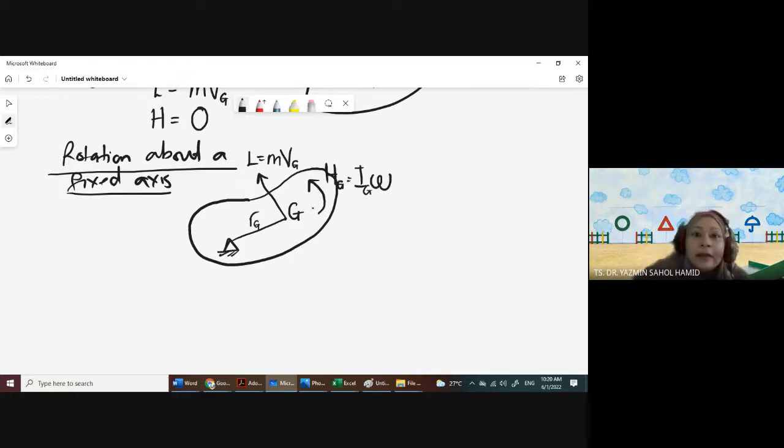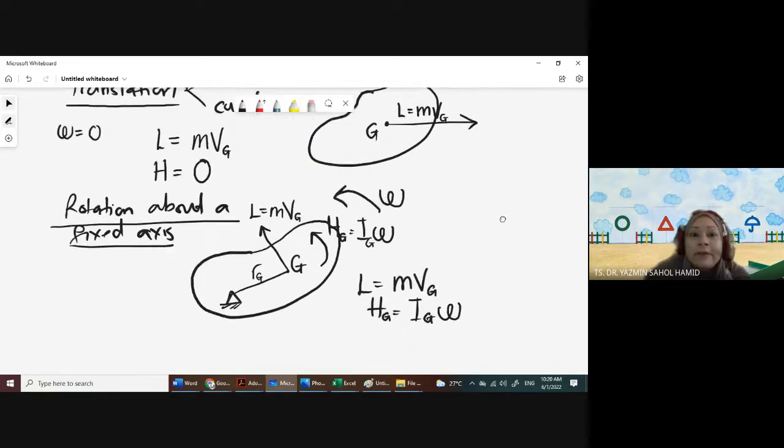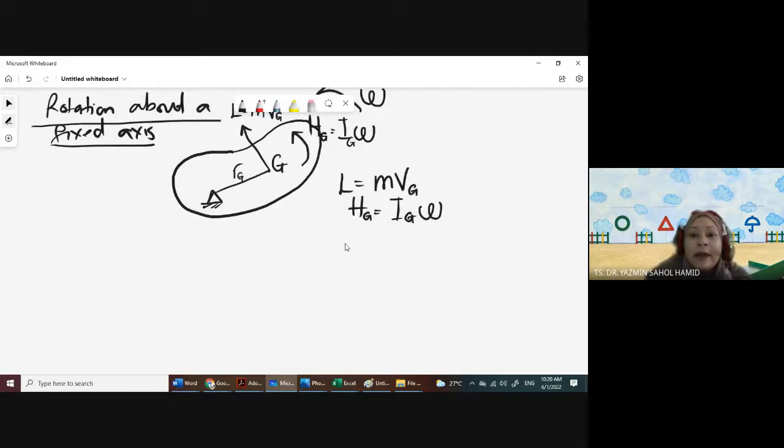Rotation about a fixed axis does have omega. So L can be mvG, and then angular momentum can be IG omega. So for rotation about a fixed axis, this kind of example, we have the value for angular momentum.